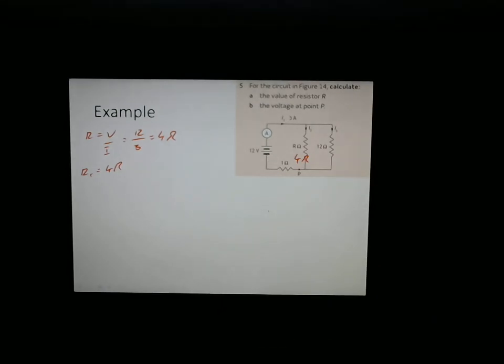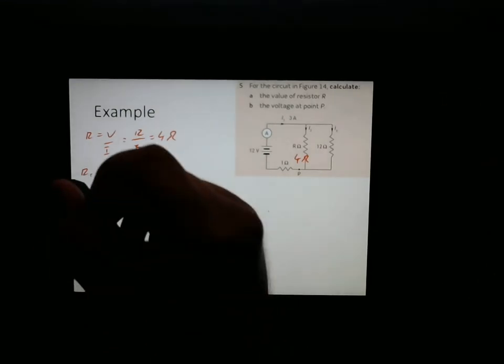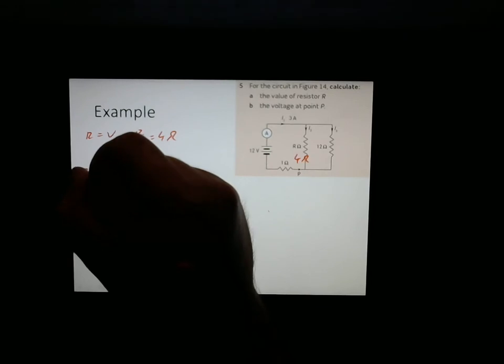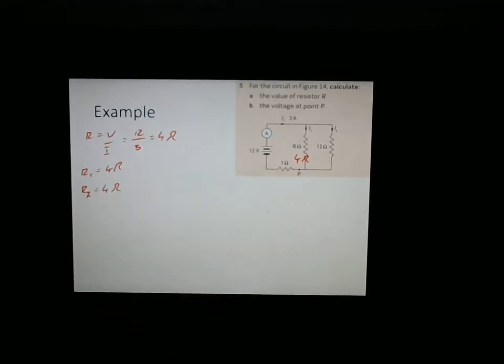In fact, we'll have to do that in a second anyway. So we could have done B first to then go back, but it really does depend. R of R was also equal to 4 ohms. It really does depend on what technique for the puzzle you see first and want to have a go with.